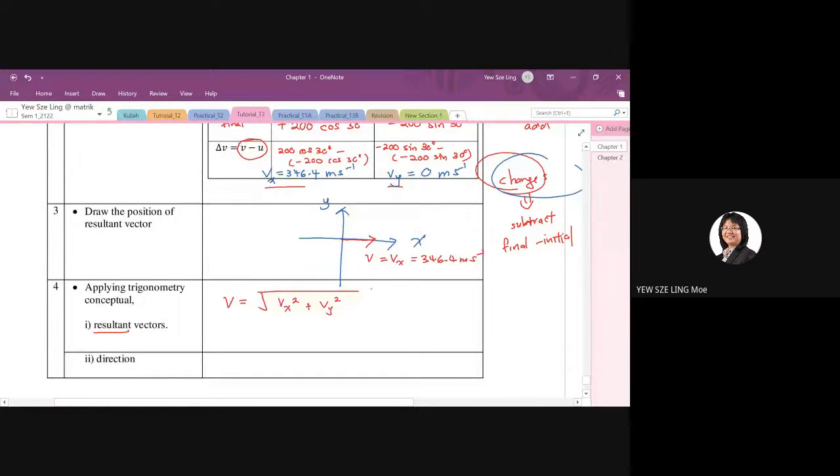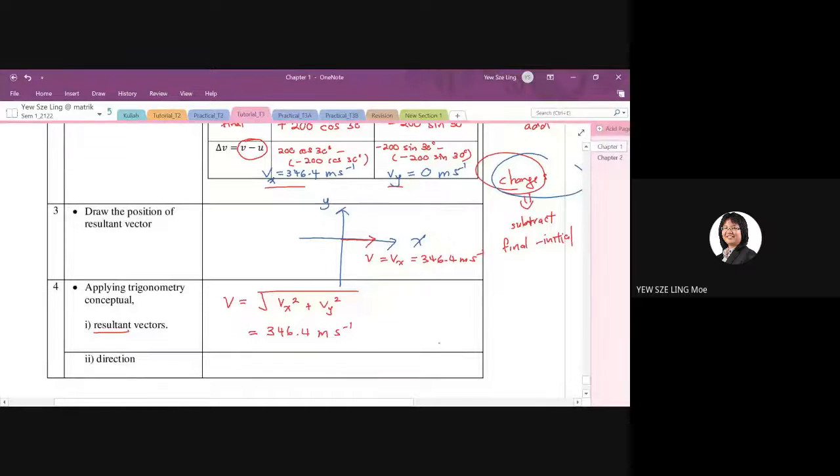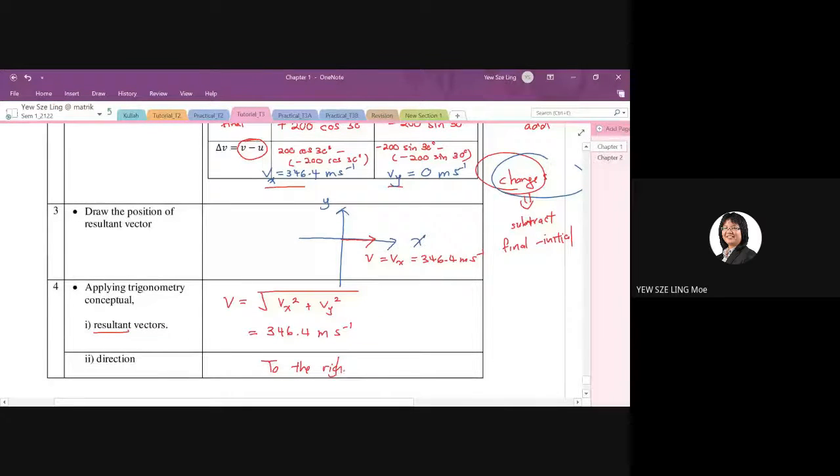But now your Vy is equal to 0, so straight away it is equal to Vx, which is 346.4 meters per second. I don't even have to do the calculations. And for the direction, based on the diagram, it is just going to the right. So you just say to the right. Done, that is question 7.